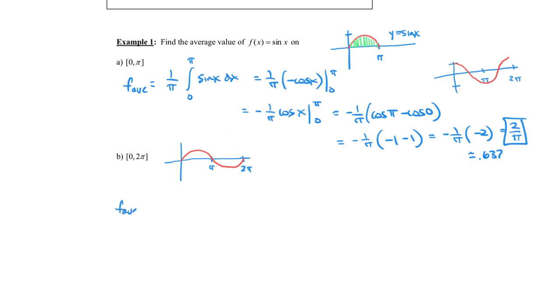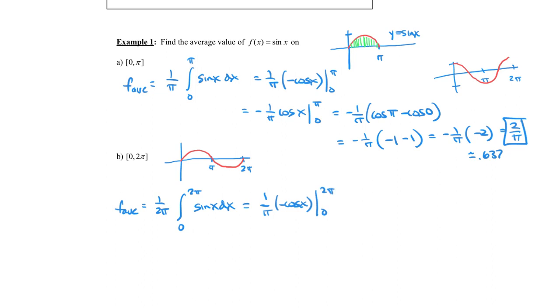So the f average is going to be 1 over 2 pi, because it's 1 over b minus a. Here's b, here's a. And then we integrate from 0 to 2 pi, sine of x dx. Once again, we know that is going to be 1 over 2 pi times negative cosine of x from 0 to 2 pi.